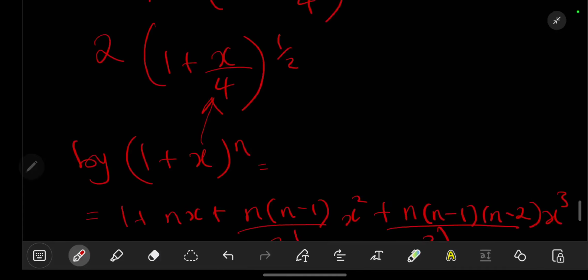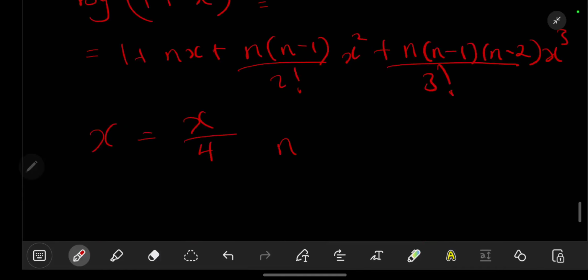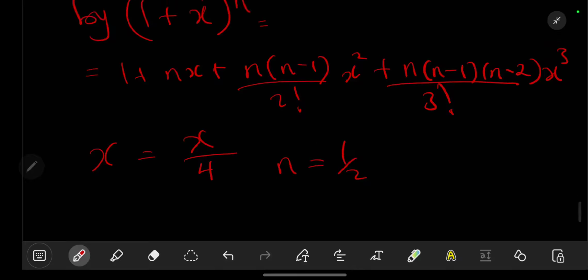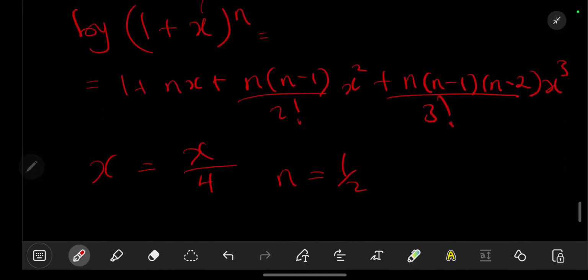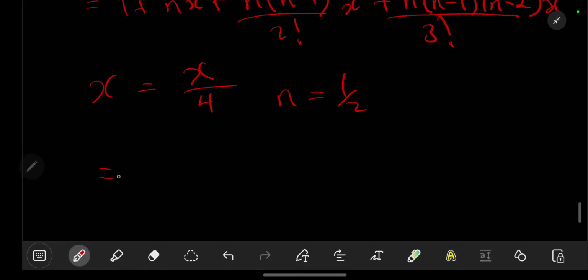Then your n is equal to half in this expansion. So you are now going to just replace. Therefore, you have a 2 there. So whatever you are going to get, you are going to multiply by the 2 that is outside.